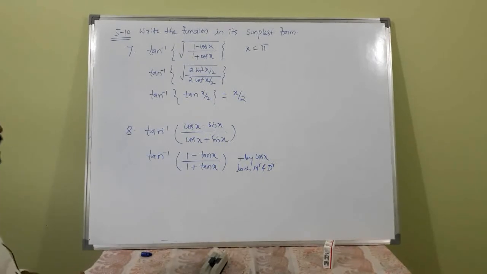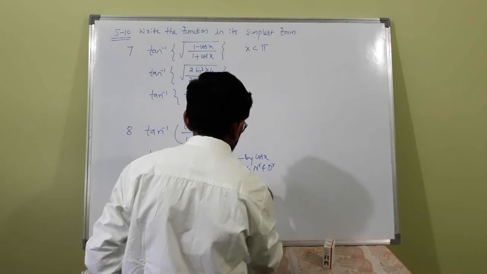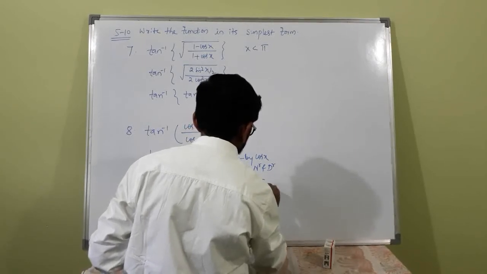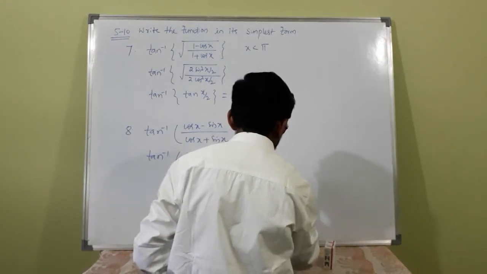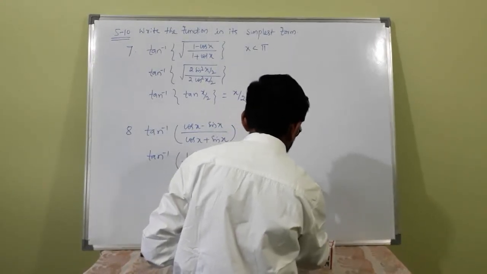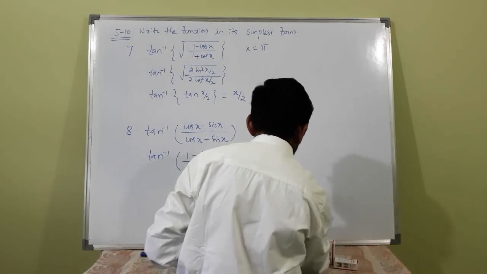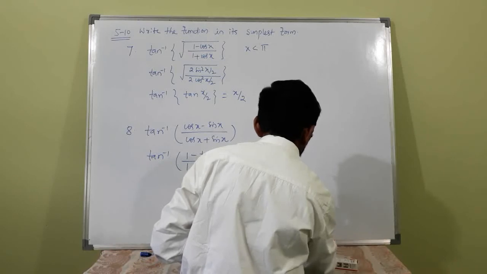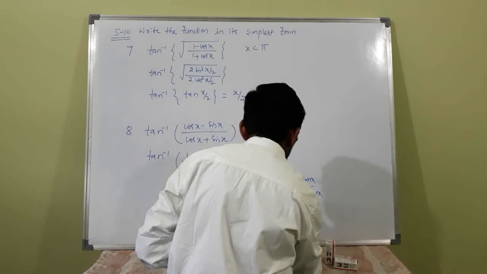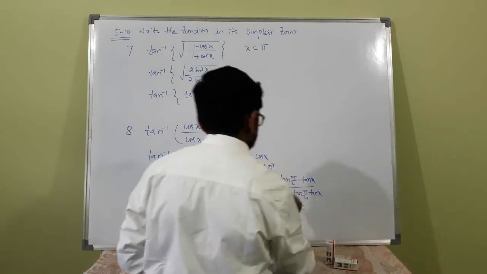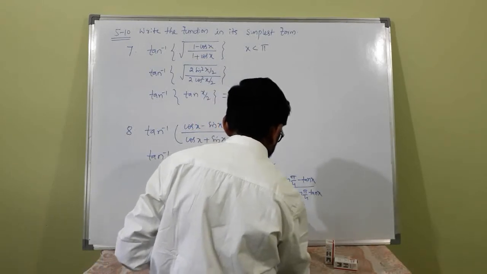Okay, better you remember this result, tan of pi by 4 minus x, tan a minus b, tan pi by 4 minus tan x divided by 1 minus tan pi by 4 into tan x, that is 1 minus tan x divided by, this is 1 plus tan x.